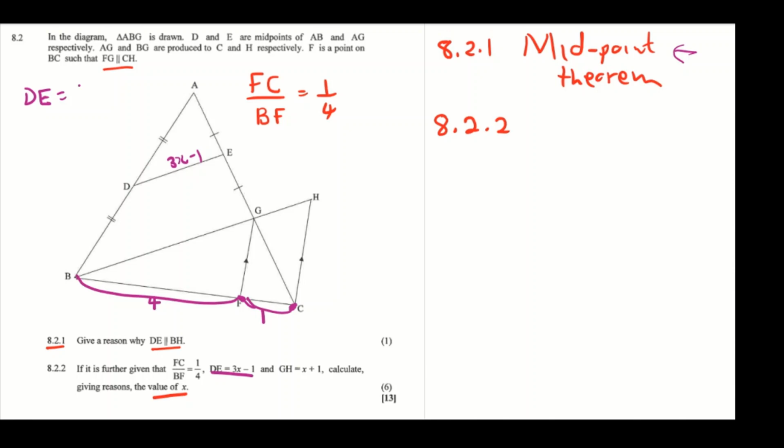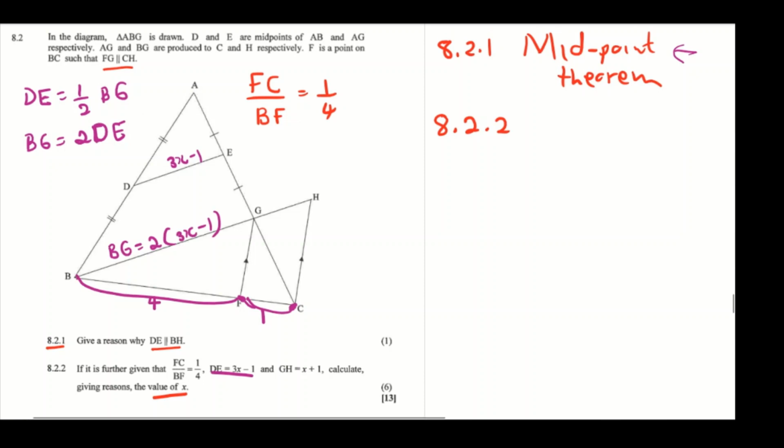DE is going to be half of BG, right? Meaning that BG is twice DE. I hope we are getting this. So if BG is twice DE, the expression of BG would be equal to 2 times 3x minus 1. So that's the expression of BG.